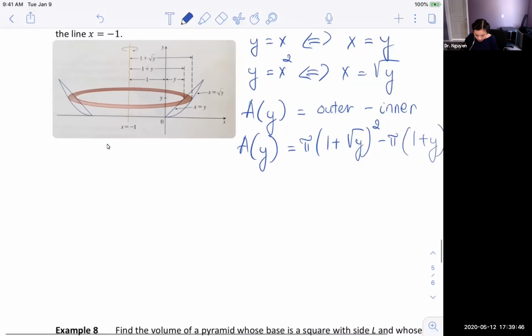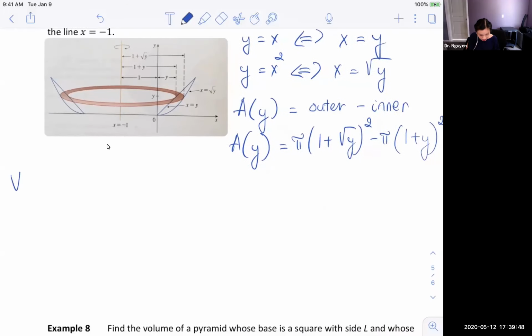Don't forget, this time it's going to be dy. So I have a y, so it has to be dy. And then we go from 0 to 1. Of course, eventually we have to take out pi.